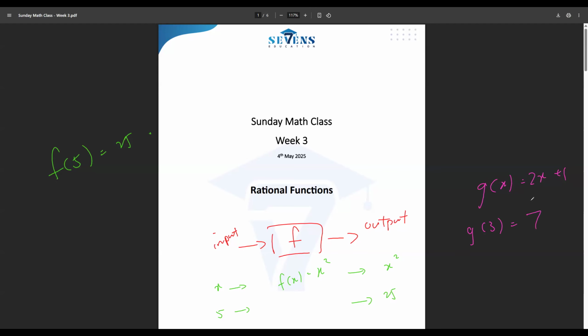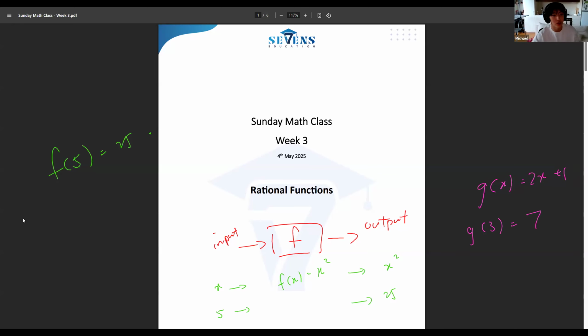And as you said, the input could be A, B, C, D. It doesn't have to be a number, and a function can be really abstract. I could design a function that tells me the weather today, where the input is today's date and the output is sunny or rain, stuff like that. Okay.